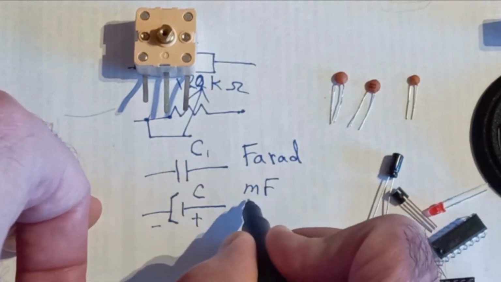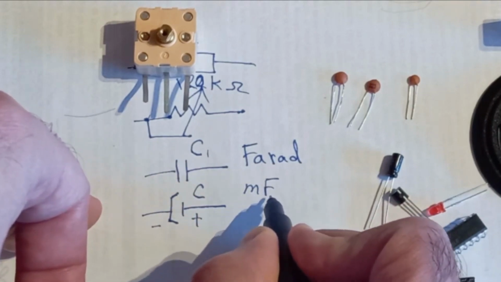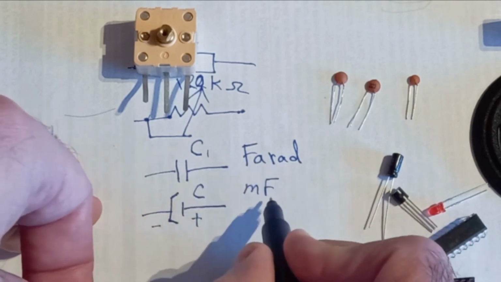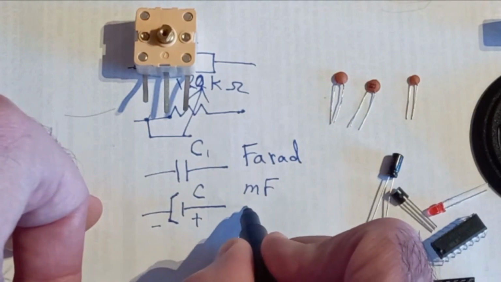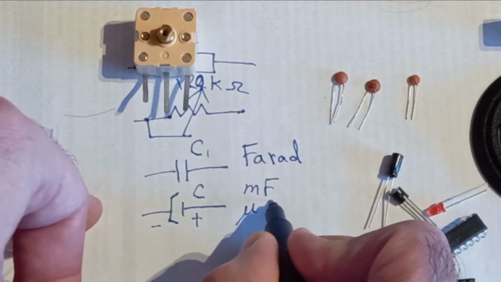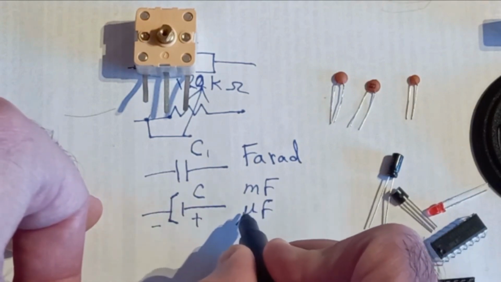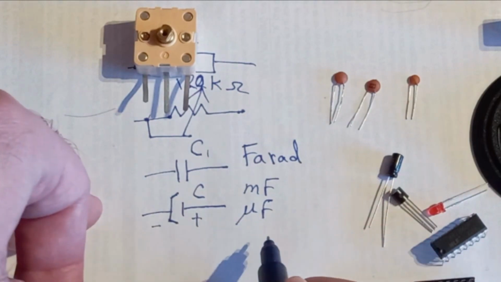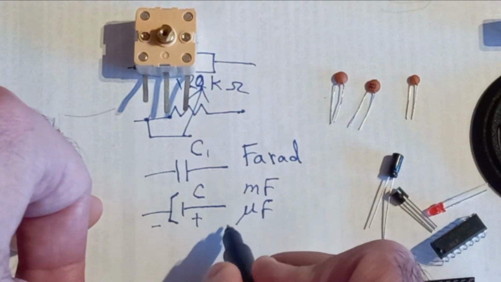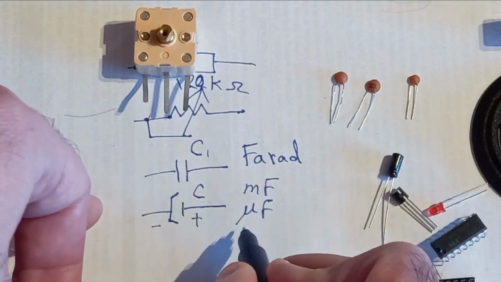millifarad, usually small m, capital F. Farad always comes with capital letter F, or microfarad, which is like a U with a big tail. We call it microfarad, and that's a Greek letter which is called mu.